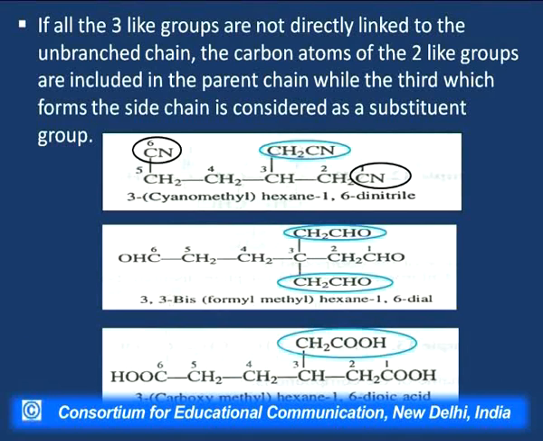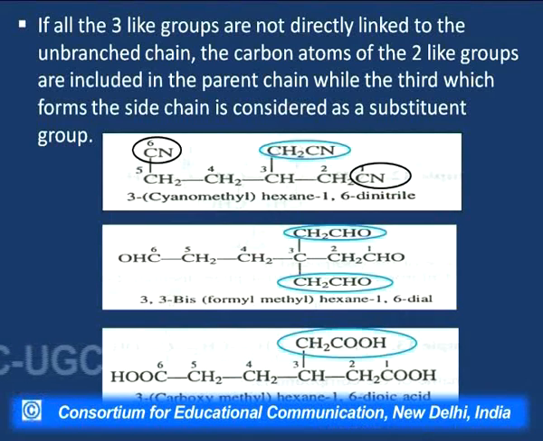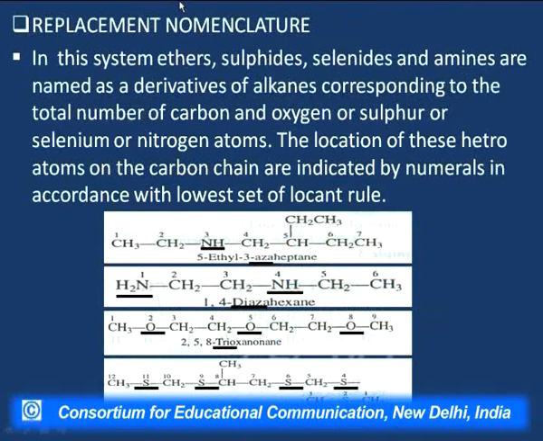So the name will become, and since this group is coming twice, please remember we had discussed this earlier also, that if a group comes twice and it is a complex group, we add the word bis. So the name would become 3,3-bis-formylmethyl hexane 1,6-dial. Dial indicates that this has 2 aldehyde groups in it.